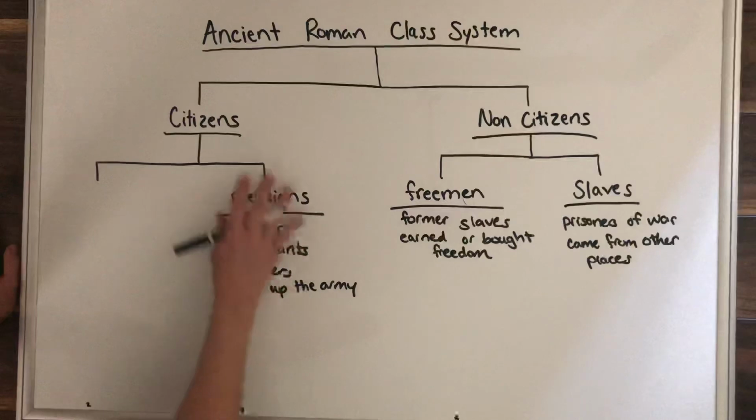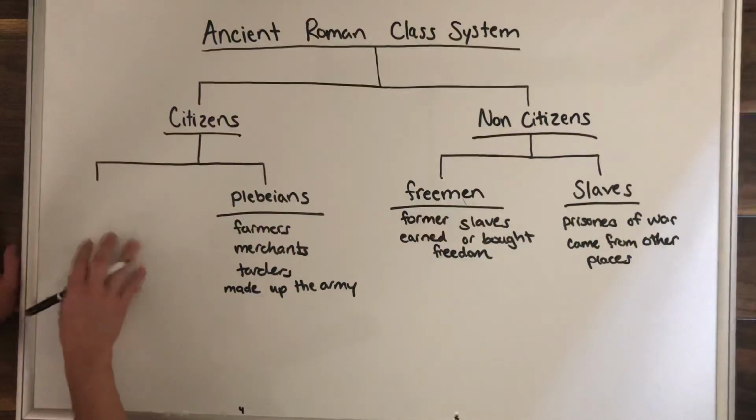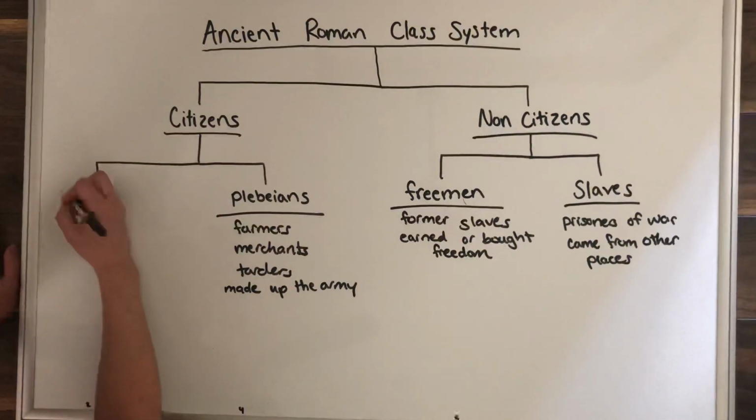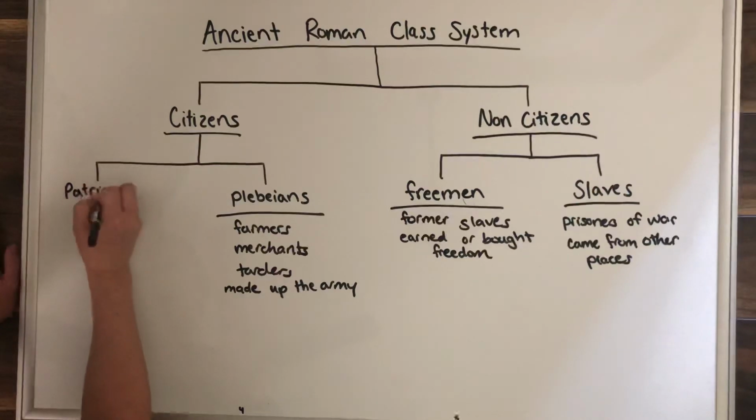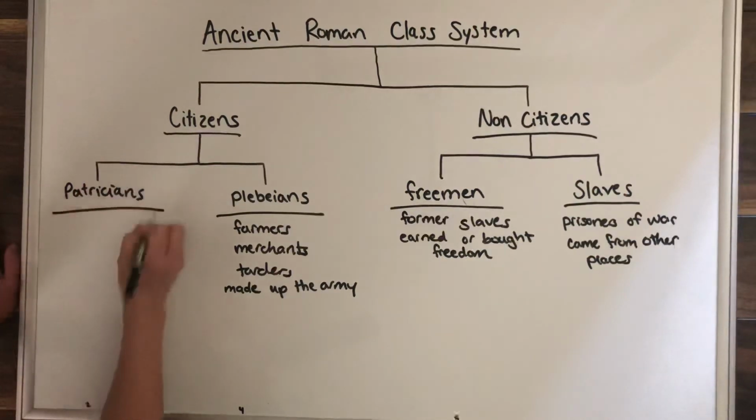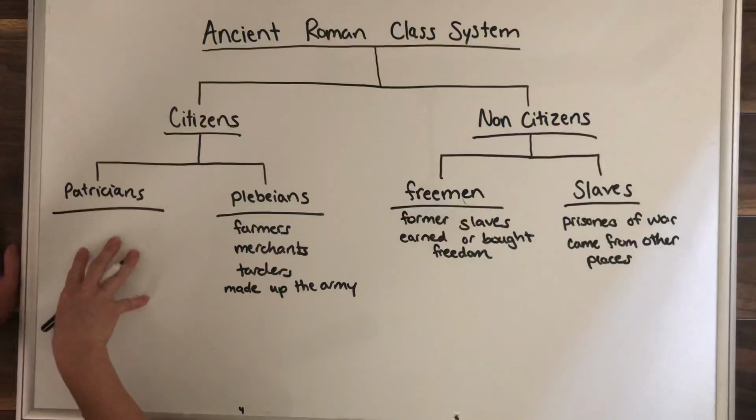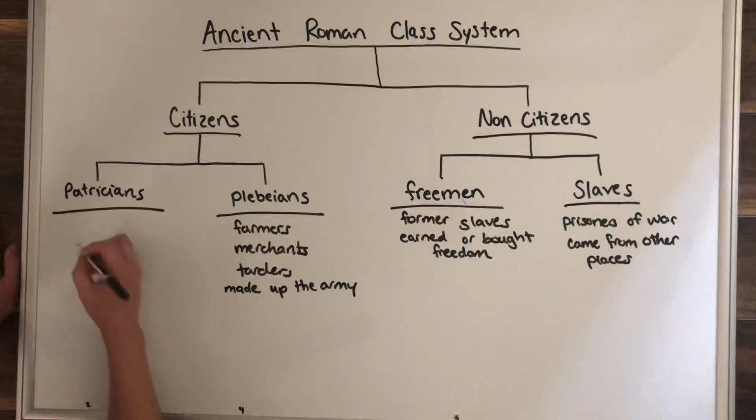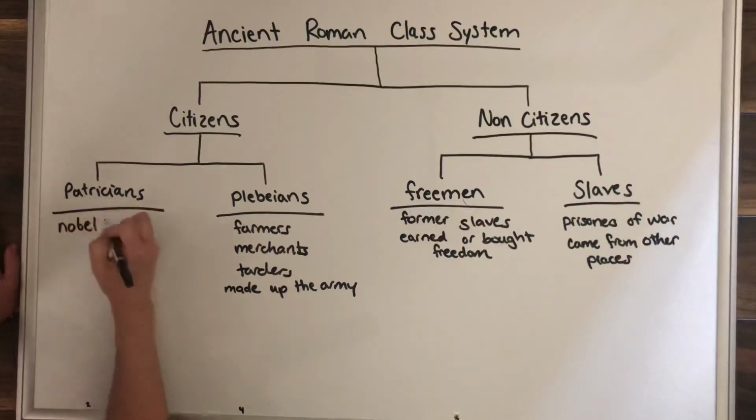Those who held the power are the upper class citizens, and we call them the patricians. Now, there were not that many of these people. They're the ones who hold the power. They kind of make the rules. They later have their power more depleted, but in the beginning, when we had a king in Rome, this is the place you want to be. They're members of the noble families, and you were born into it.